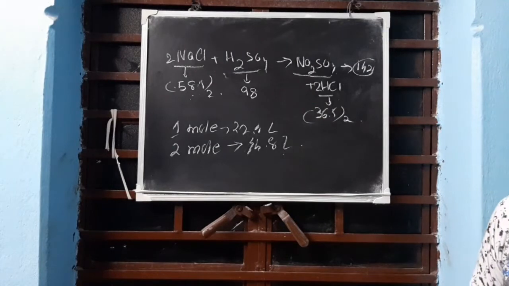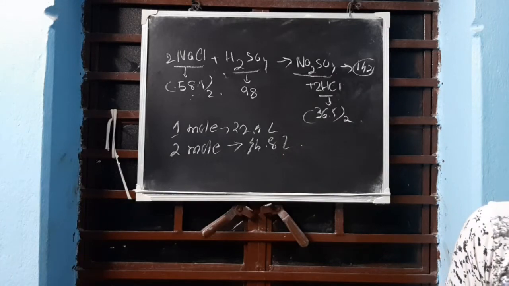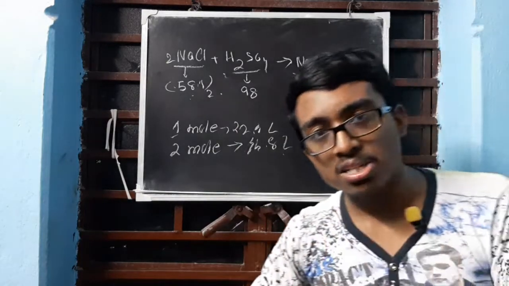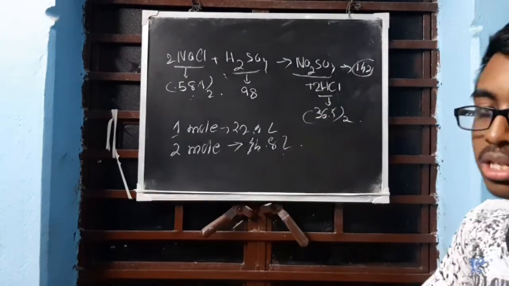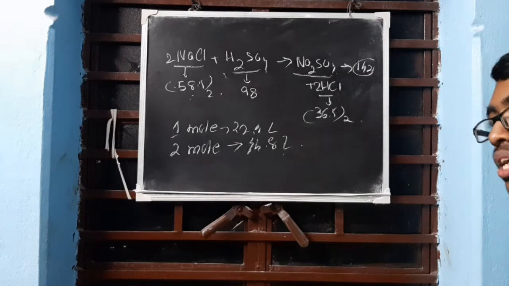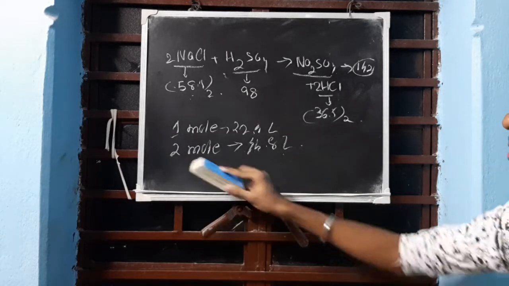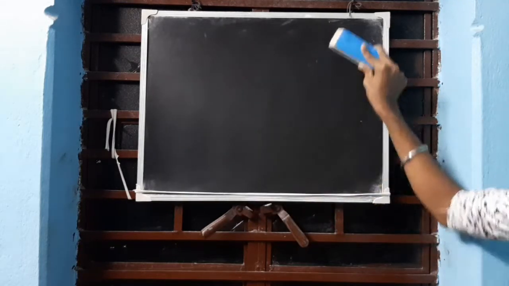In a chemical reaction, we calculate these three things. There are three relationships: a mass-mass relationship, where the question might ask how much of a product is released when you heat a given mass; then a mass-volume relationship; and lastly a volume-volume relationship. Everything can be derived from the equation, so there is no worry.